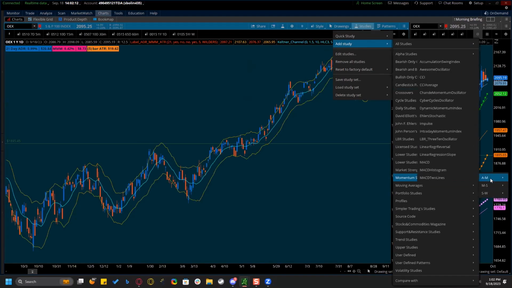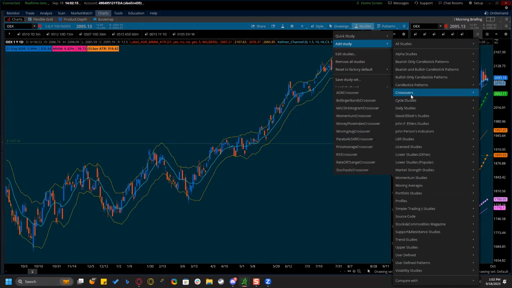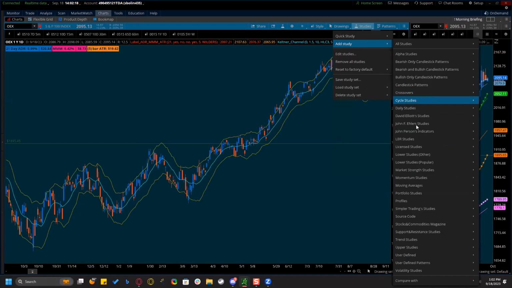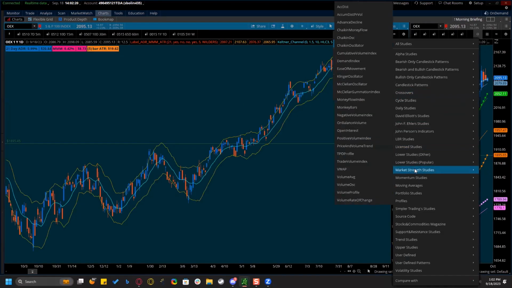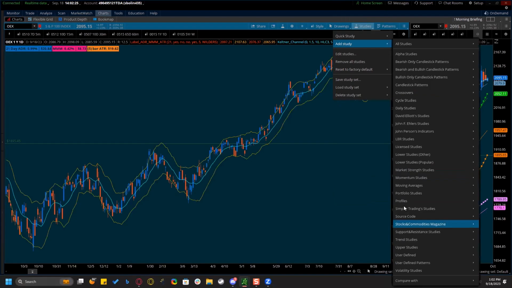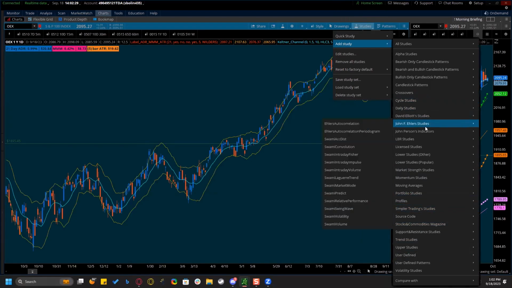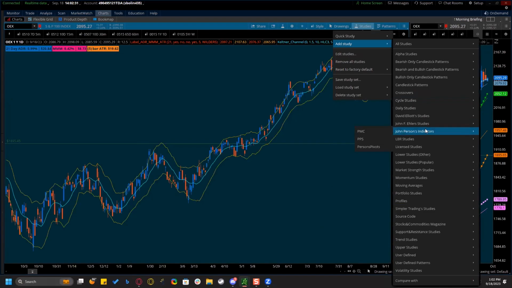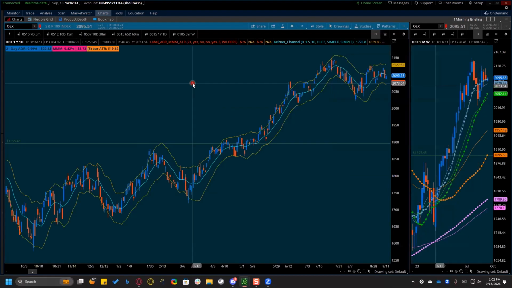So that's one way to go. And if we want crossover indicators or market strength indicators, so many different ones, right? Volatility. This is how you can find them classified into groups so that you know what group your indicator belongs to. Also, of course, just reading the description.